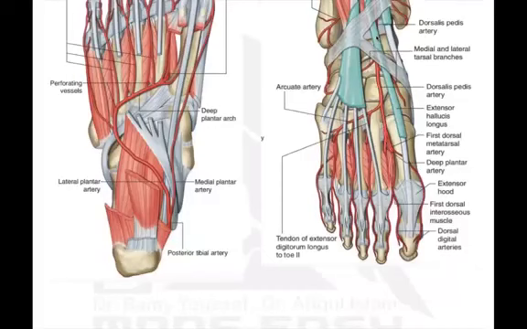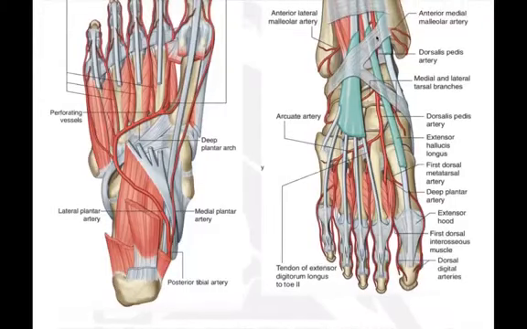After that it will be the deep plantar artery between the two heads of the first dorsal interosseous muscle, where it will join with the deep plantar arch of the sole of the foot.